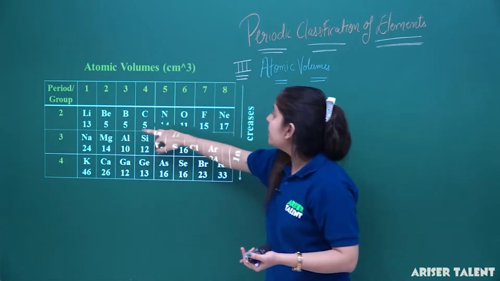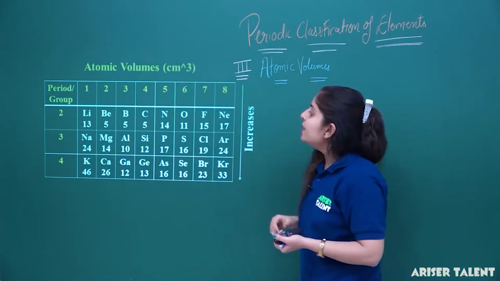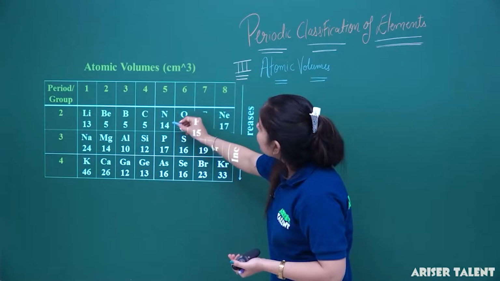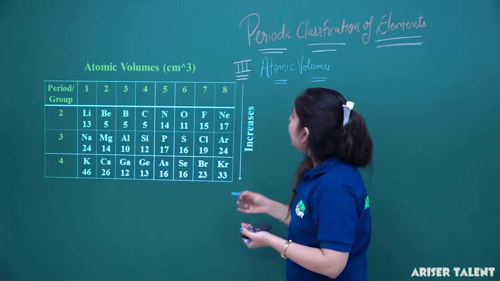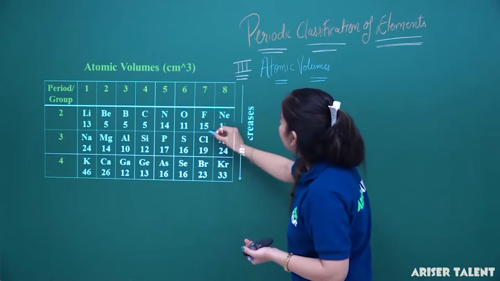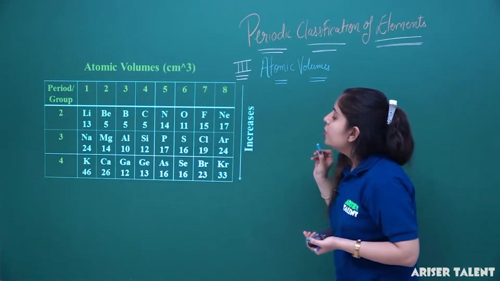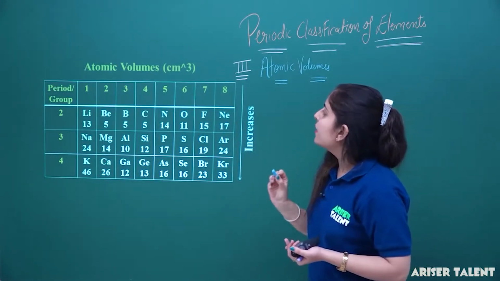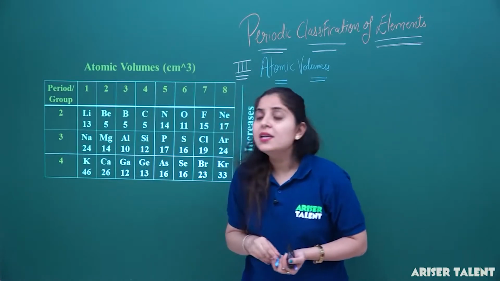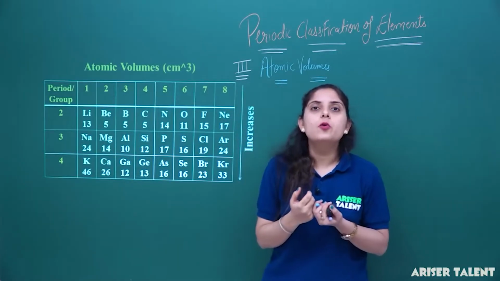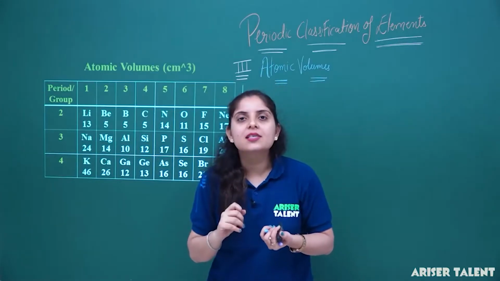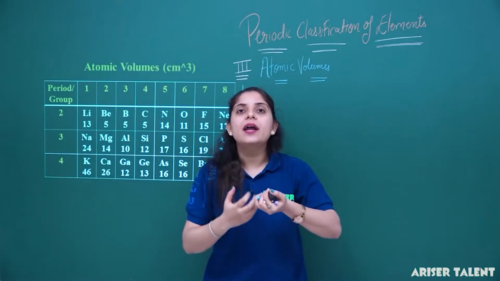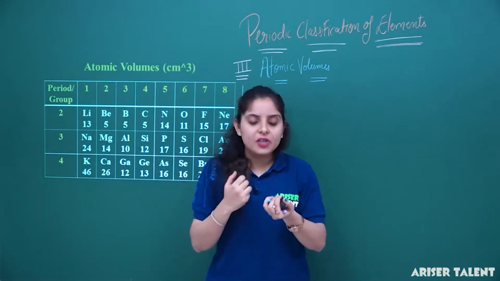This is a decremental value for some of the elements, and then after a slight variation it again increases, and the trend shows that they are increasing in the periodic table. So the trend we are observing for atomic volumes going from left to right is an increase. Why is it increasing? Because of the addition of new energy shells.